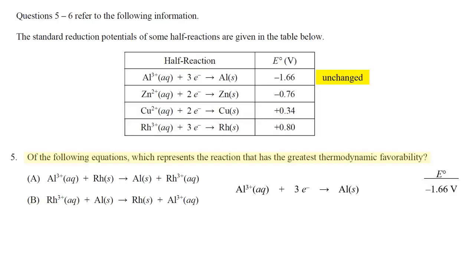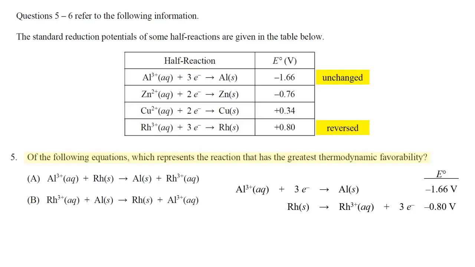Now for the rhodium half reaction, since I didn't change the aluminum, I'm going to have to reverse the rhodium half reaction, because I would need one of each, one reduction and one oxidation. Now, when I reverse the rhodium half reaction, I have solid rhodium on the left and aqueous rhodium ions on the right. But look at what I did to the cell potential for the rhodium half reaction.